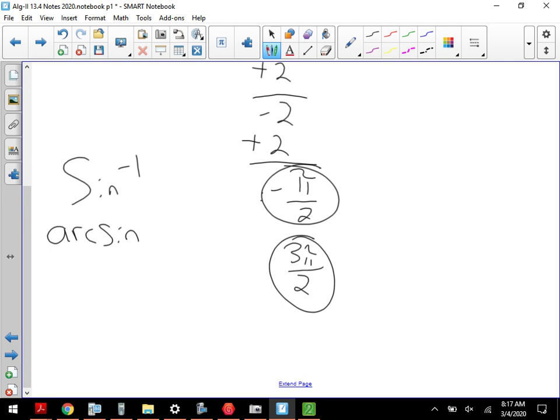Any of those means the same thing as its inverse.